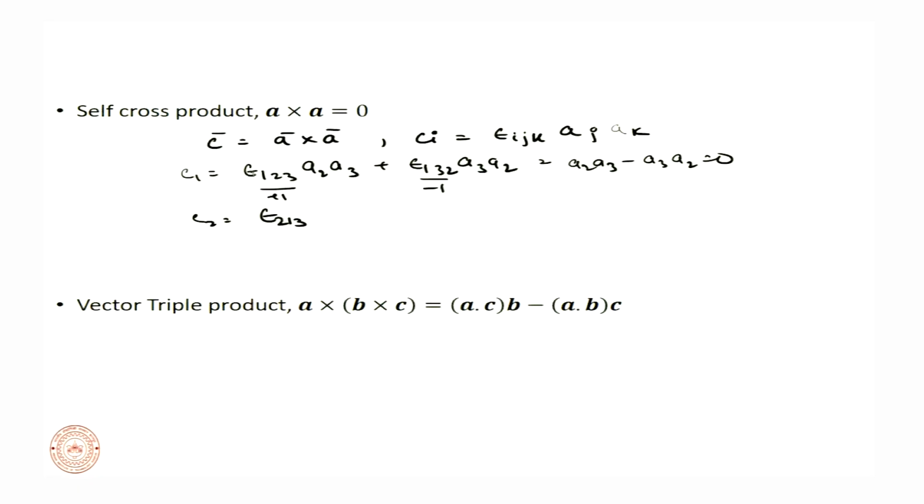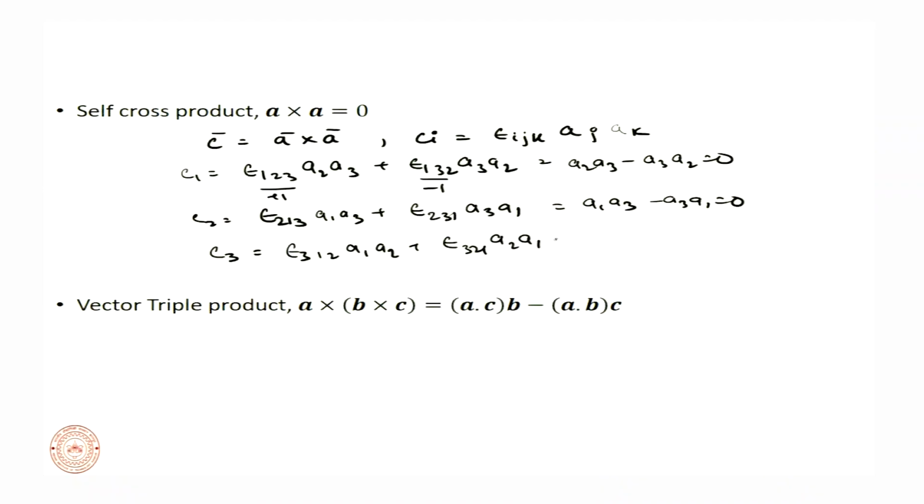So c2 is epsilon 213 a1 a3 plus epsilon 231 a3 a1. Again this is a1 a3 minus a3 a1, equal to 0. Likewise c3 is epsilon 312 a1 a2 plus epsilon 321 a2 a1, which is equal to a1 a2 minus a2 a1, which is equal to 0.